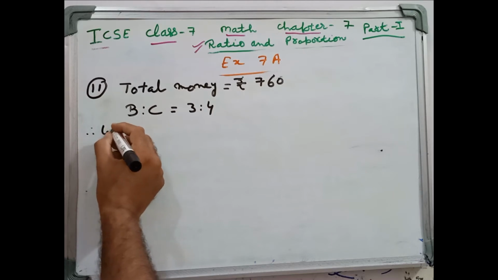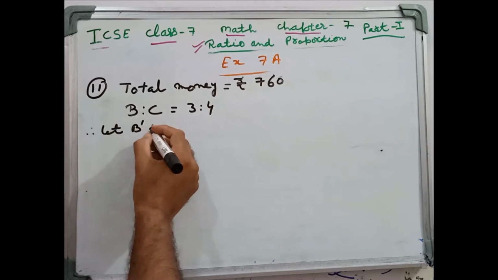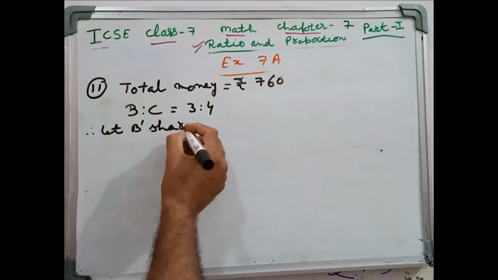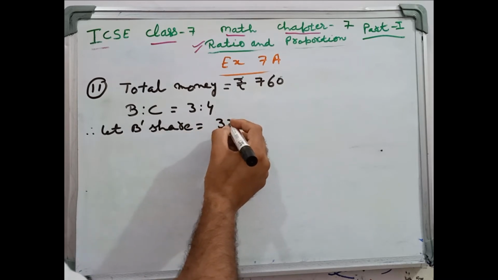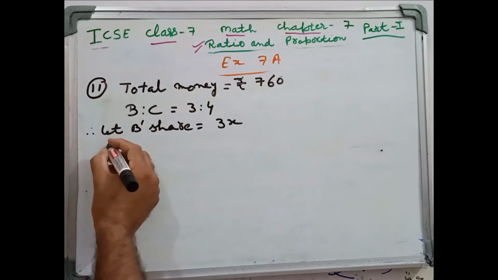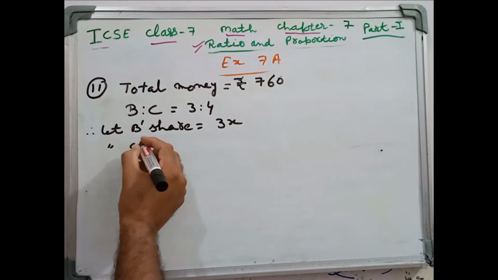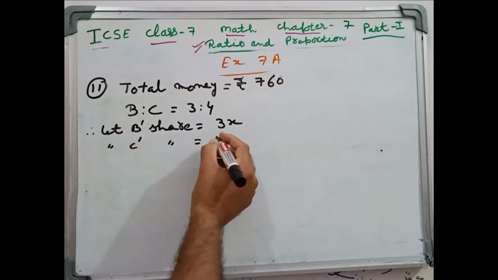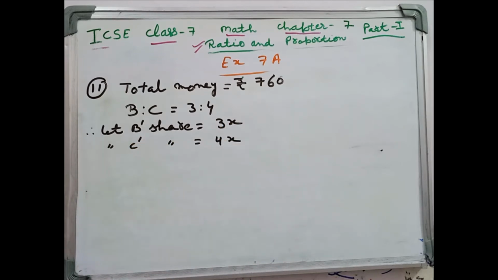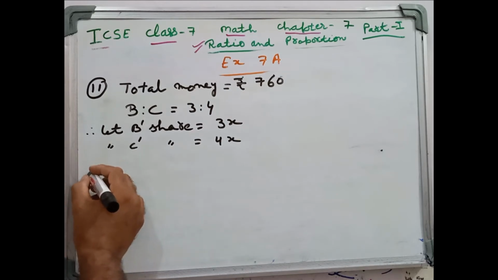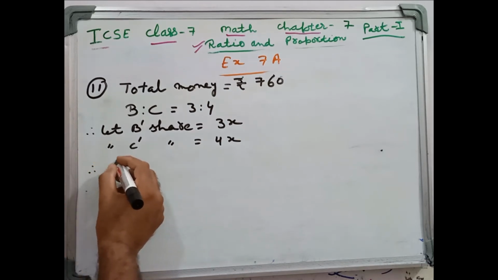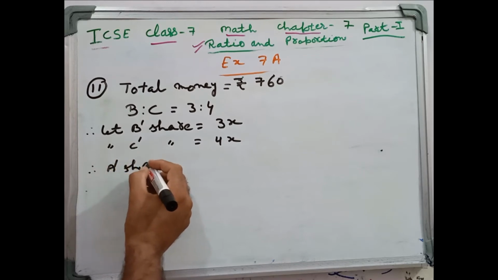Therefore let B's share be equal to 3x, and let C's share be equal to 4x. Right? Now from here A's share will be determined.